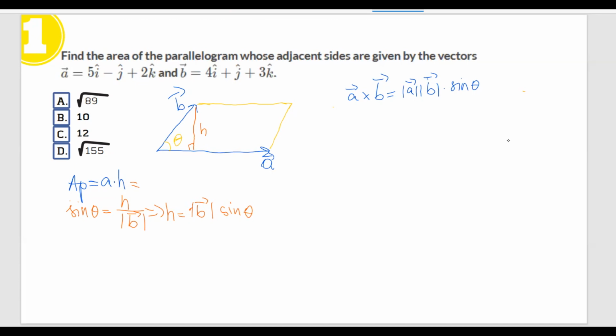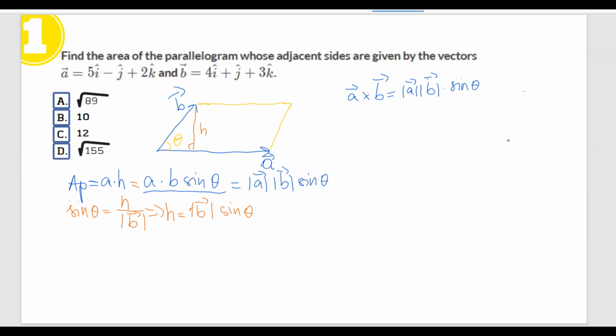So this is where they come up with this other formula, which is A times h, and h is B sine theta. So in our case, since we're working with vectors, we're going to have magnitude of A times magnitude of B times sine theta.